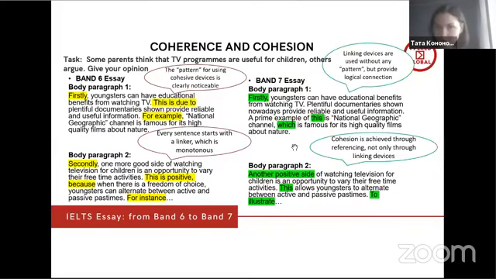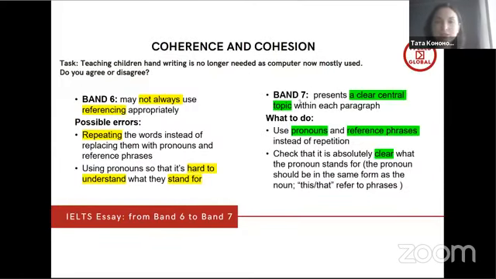Speaking about referencing, you see that for Band 7, it presents a clear central topic within each paragraph. Such explanation may be a bit confusing, but have a look at Band 6. May not always use referencing appropriately. So to present a clear central idea, you need to use referencing.